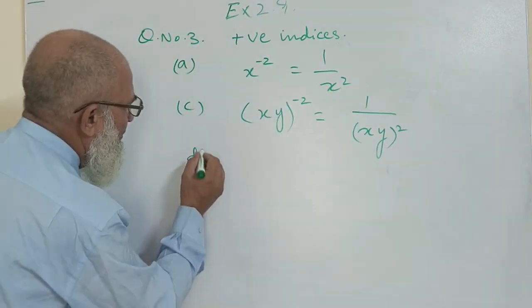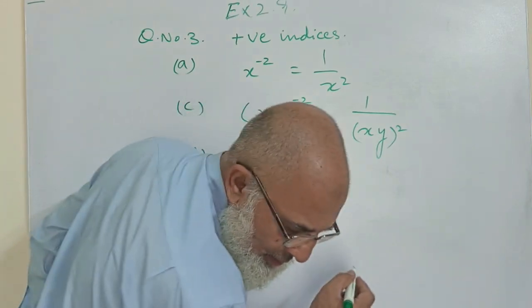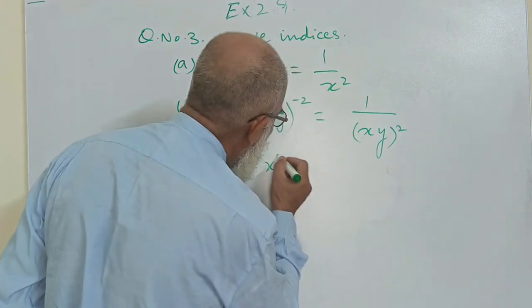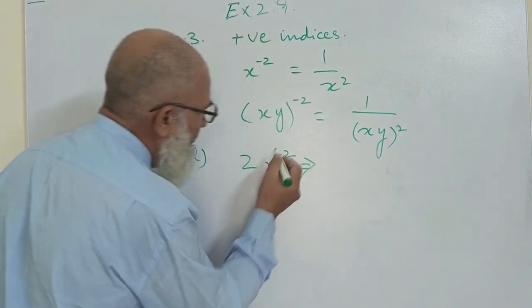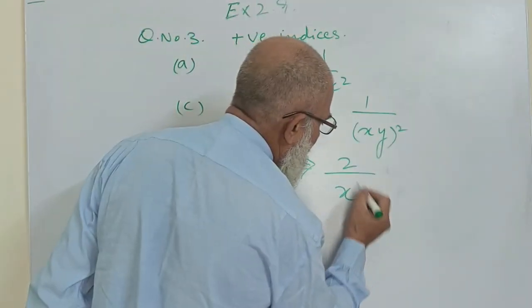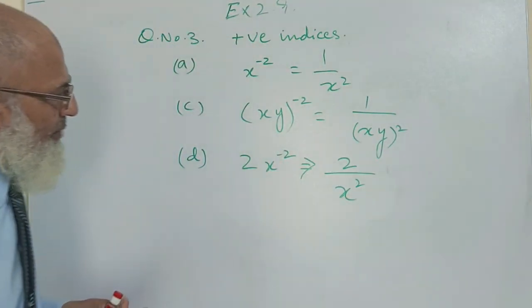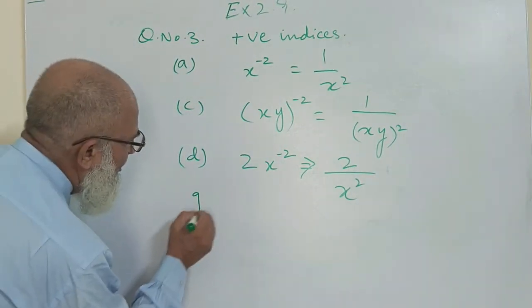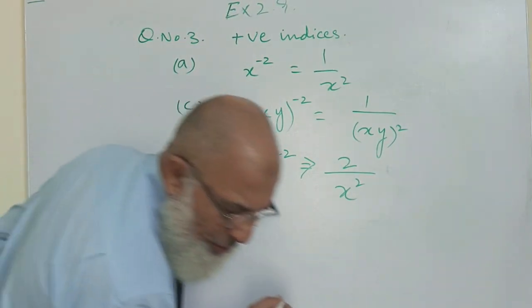Now it is something different. 2x minus 2. So 2 will remain here and x will go to the denominator. Part G. In fact, these are very easy. You can easily do it by yourself.